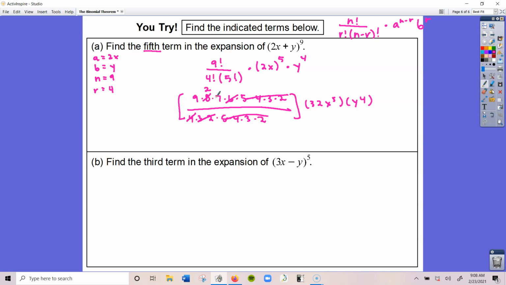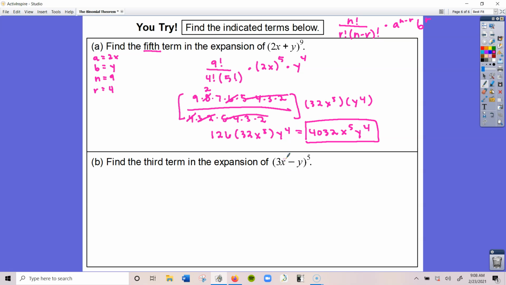So now here in the numerator all I have left is 9 times 2 times 7, which is 126, times the 32, x to the fifth, times y to the fourth. 126 times 32 is 4,032, x to the fifth, y to the fourth. So this would be the fifth term in that expansion.